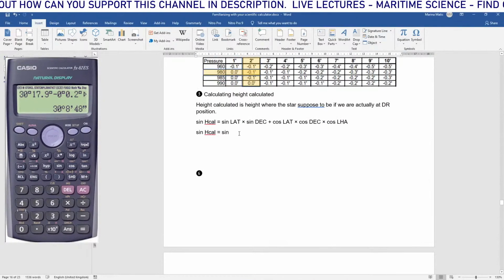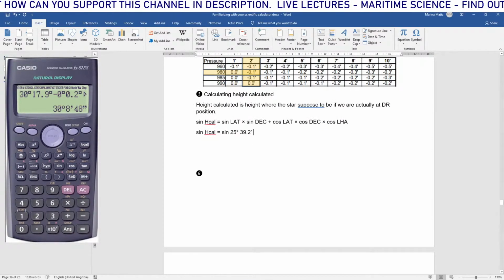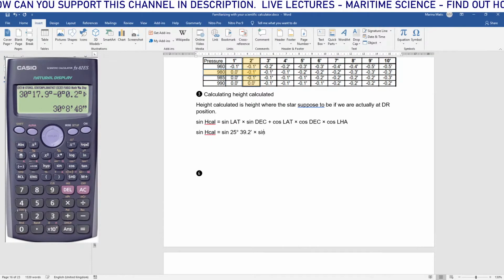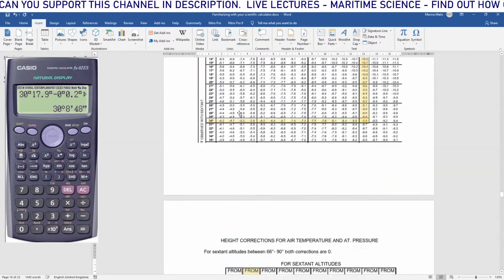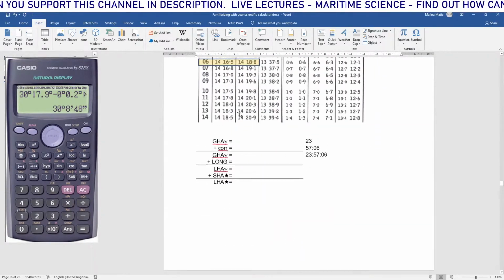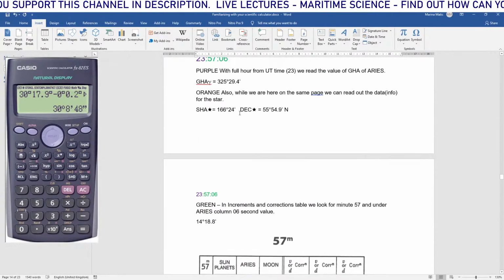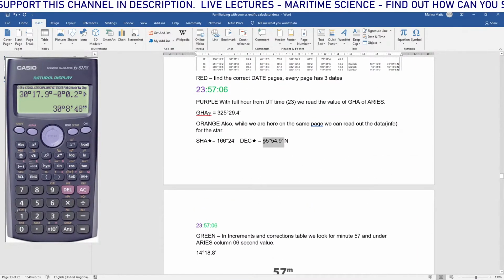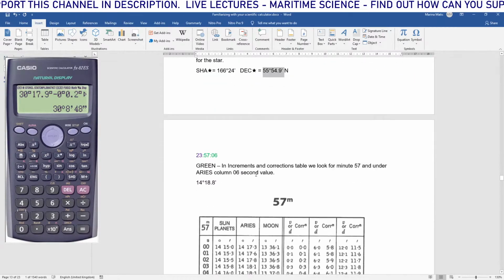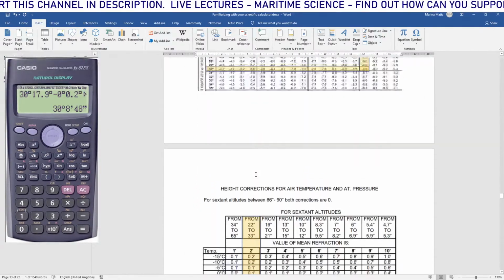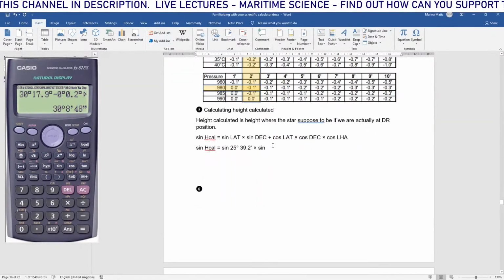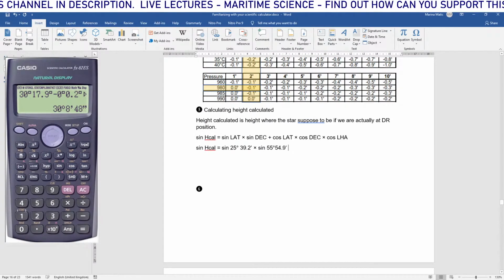So sine of latitude times sine of declination. Declination of the star is here. It's also north, so it's positive. If it was south, we would put it as negative.